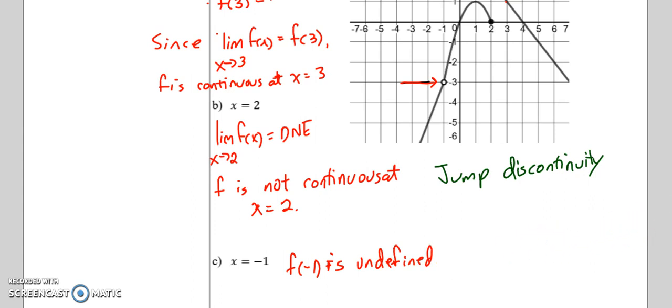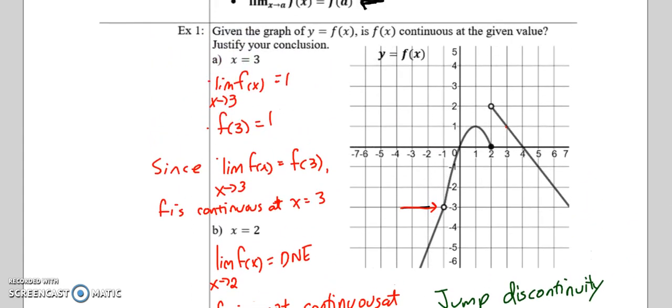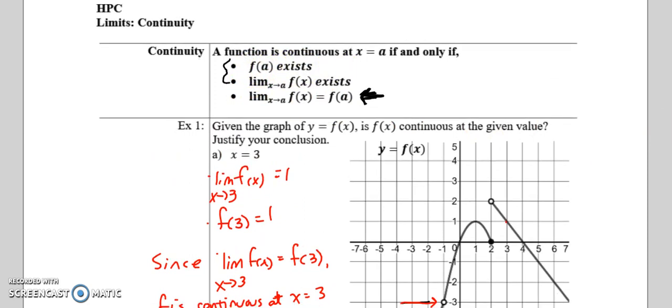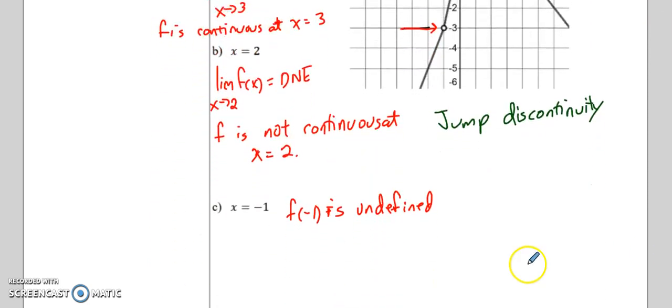And since one of those three, the function value, doesn't exist, it's not continuous. So f is not continuous at x equal -1. And we would usually call this a removable discontinuity.